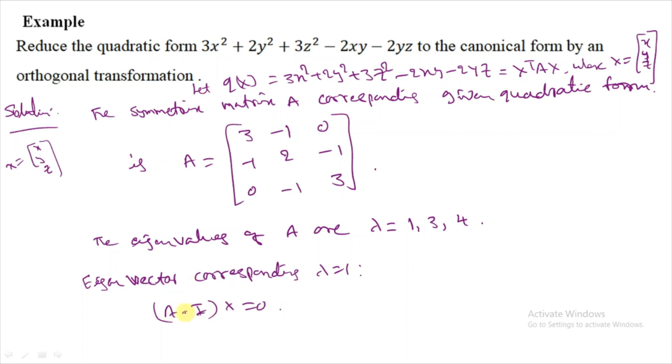Now solving this system, we get the eigenvector x1 is 1, 0, minus 1.